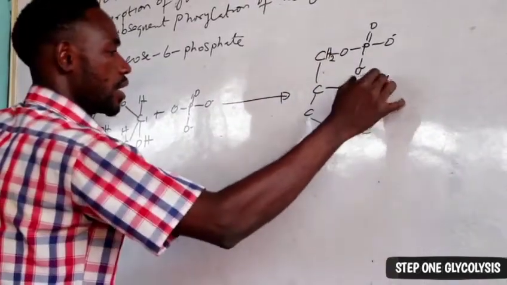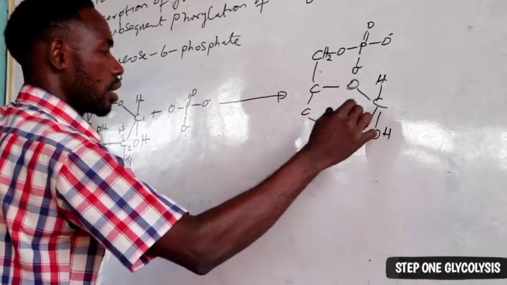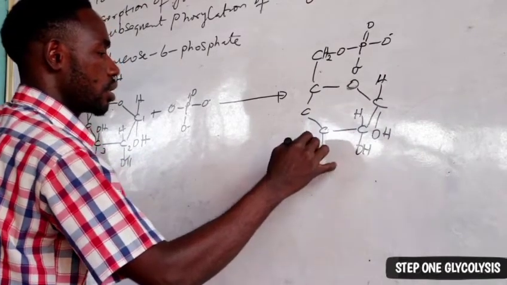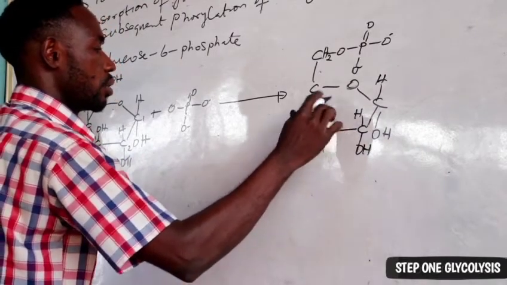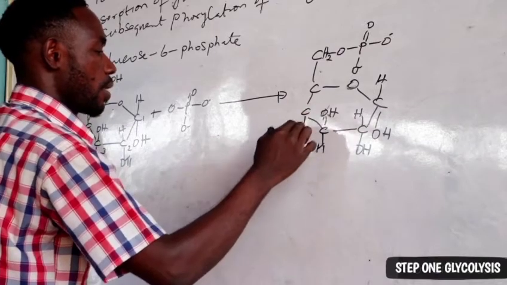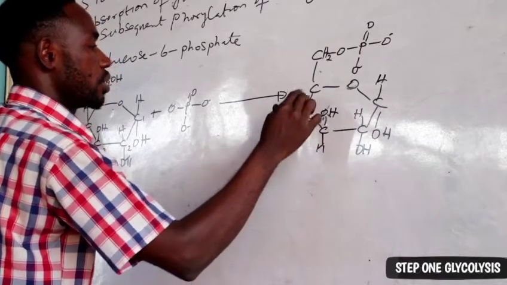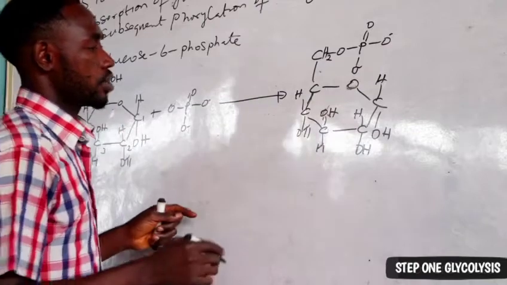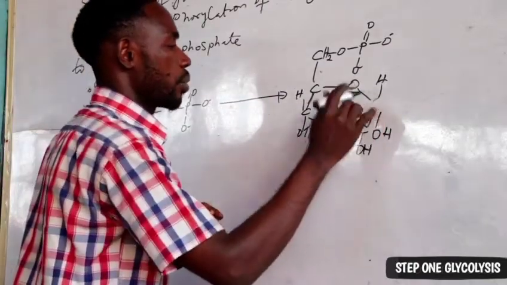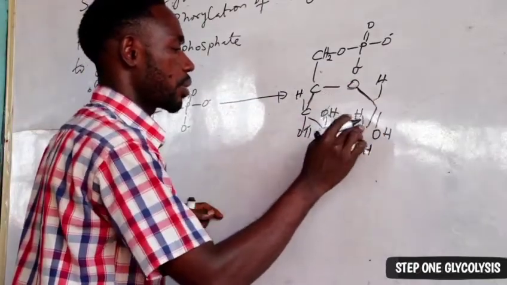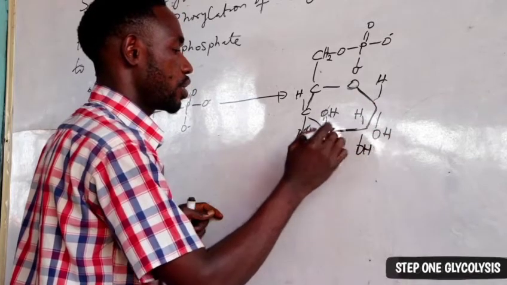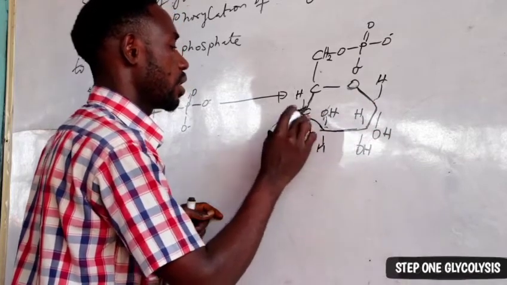So these ones, hydrogen, OH, hydrogen, OH, hydrogen, OH, then OH, hydrogen. Please, while drawing this structure, you can exclude this carbon and just use sharp edges, which represents that carbon is there.